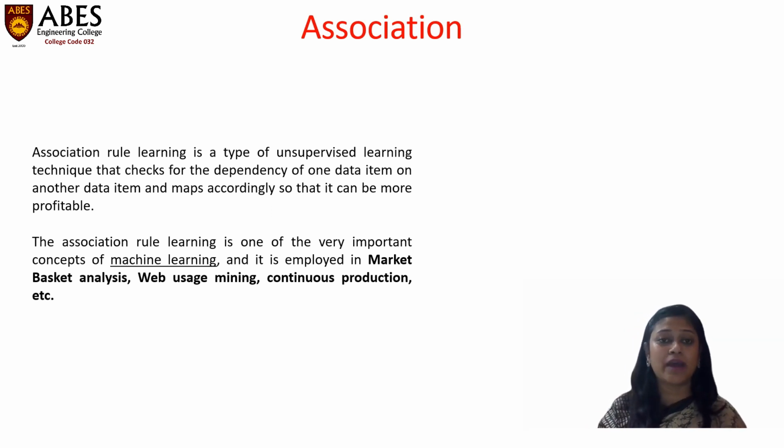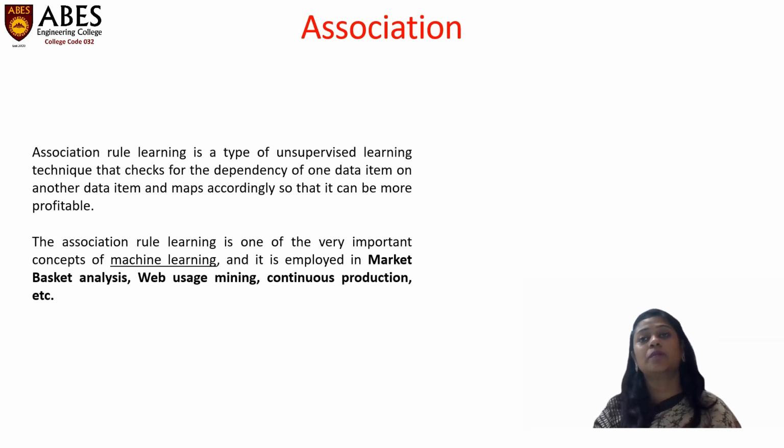If I'm purchasing some X thing, how much support and how much confidence do I get to purchase Y and Z? This is the most important concept in machine learning and soft computing. Market basket analysis, web usage mining, and continuous production are examples of the algorithms we use to identify the association rules for the data set.